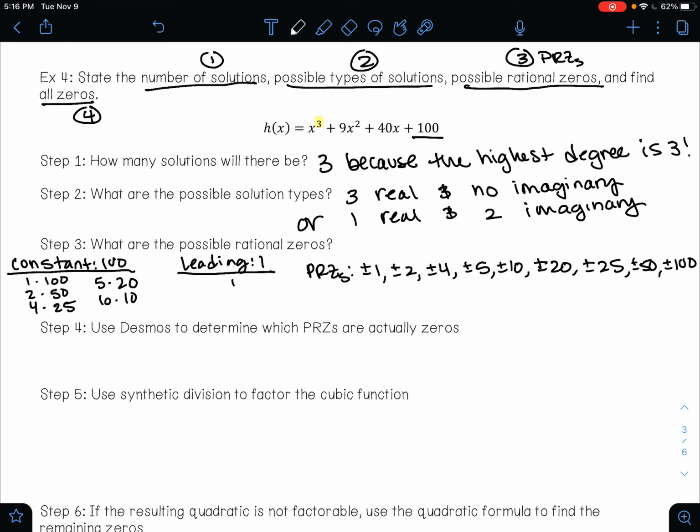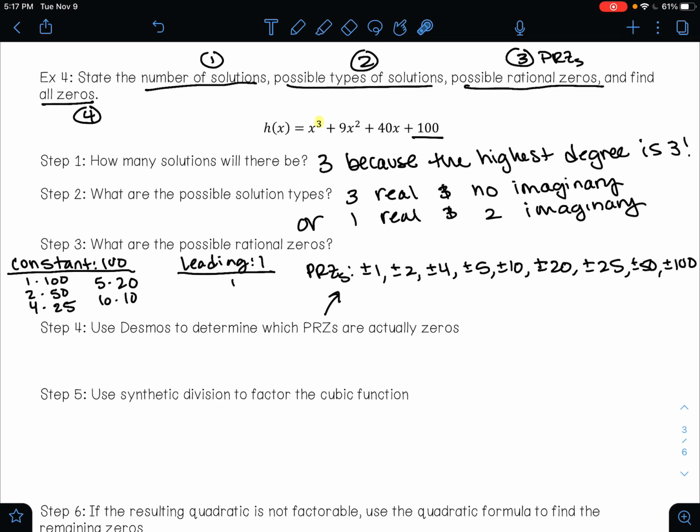So those are my possible rational zeros. Step 4. Use Desmos to determine which PRZs are actually zeros. If we are lucky, 3 of these are zeros, and then we have our answers and we're done. If we're not so lucky, we'll find a couple and we'll need to solve for the rest.